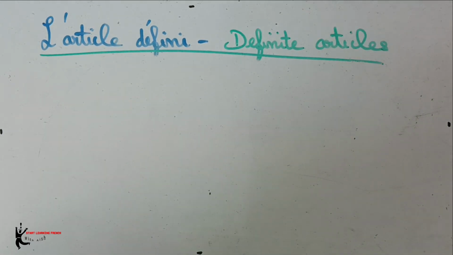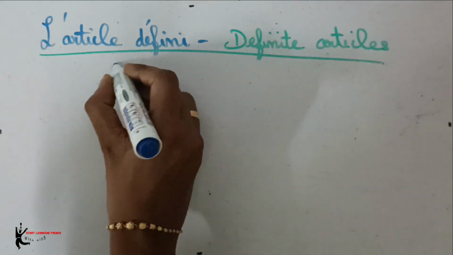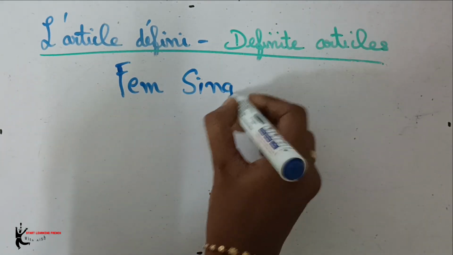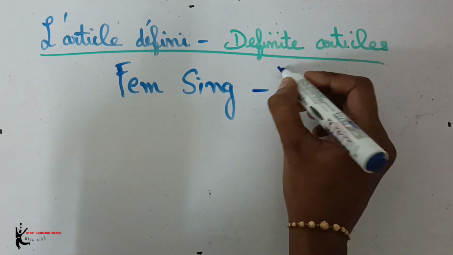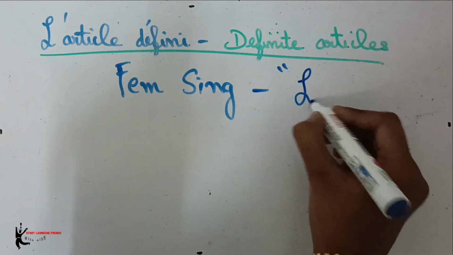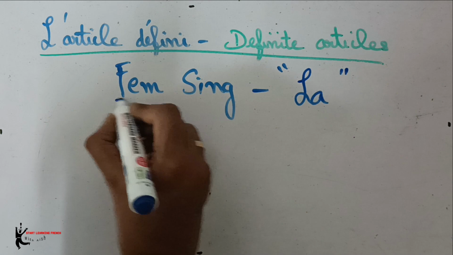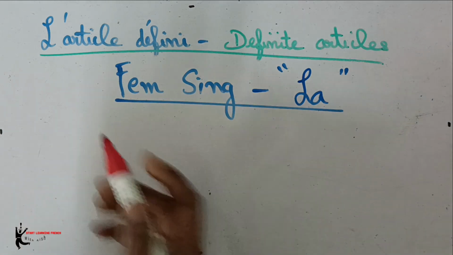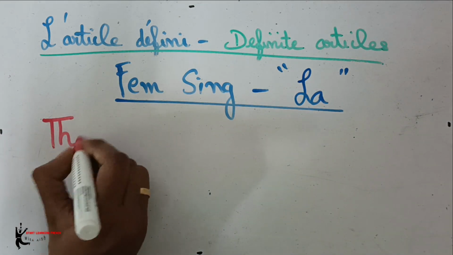Next we are going to see an example for feminine singular. For feminine singular, what definite article do you have to use? Yes, la. Now we will see an example for la. So the mother.